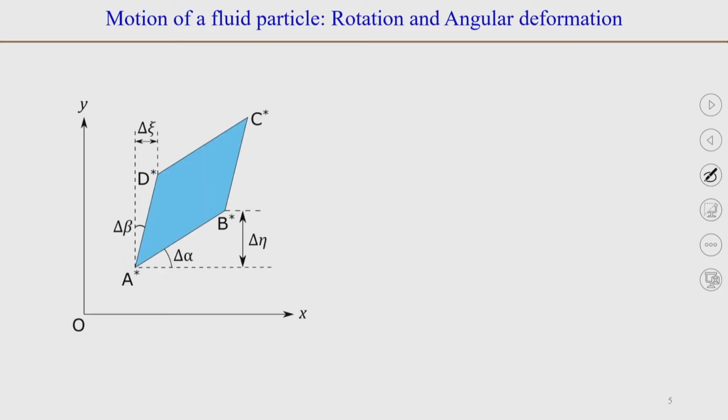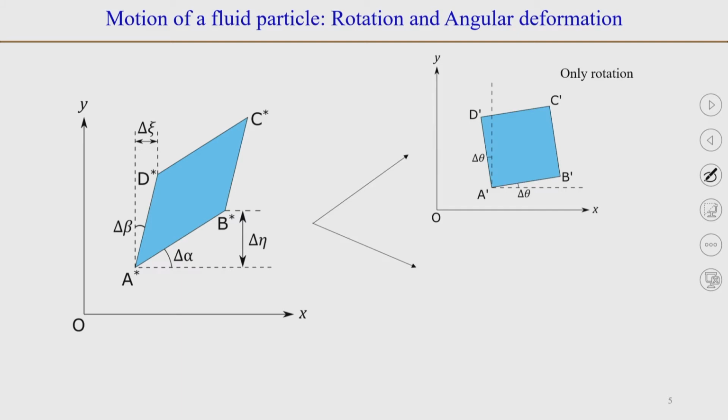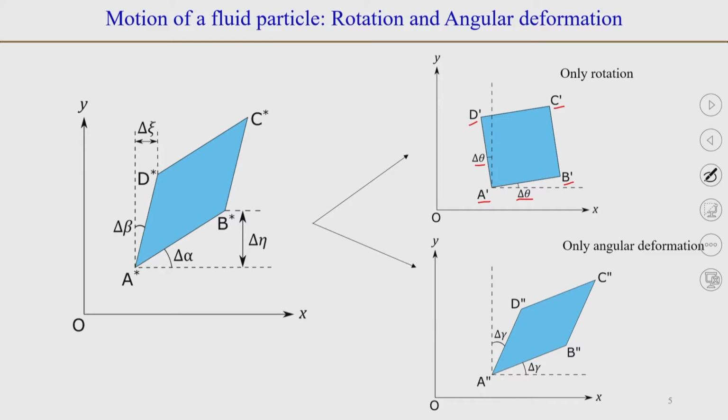Let us see, if we assume that the pure rotation of the fluid element, or rotational component, is by an angle delta theta, and if there had been only rotation, then the points of the particle would have been at locations A dash, B dash, C dash and D dash.